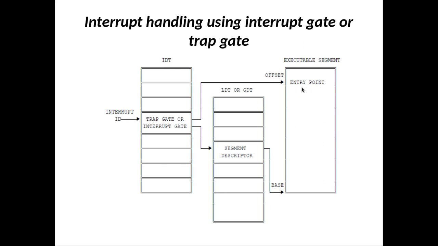From where can it be obtained? It is obtained from the trap gate or interrupt gate descriptor itself. This descriptor contains an offset address field, which is nothing but the offset address of the ISR which is to be executed. So in this way, whenever any interrupt occurs, by using the IDT, control will be transferred to the ISR.